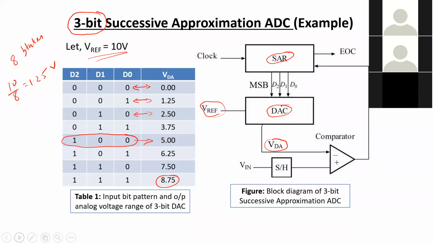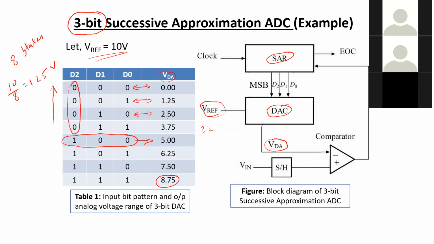So we need to go for a bit pattern that is going to decrease VDA. So that is only possible when we set the MSB to 0, because for these combinations of other 2 bits, you may get a value of VDA that is closer to 3.2.